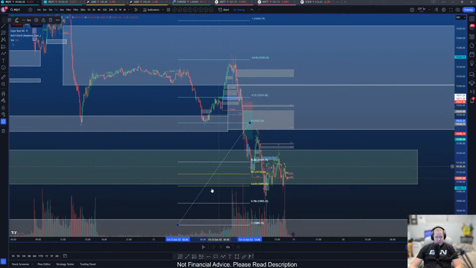So I have the 1, 78.6, 61.8, and 0.5. Those two numbers are gold because that's the golden zone. Then 0.382 and 0. Then I have negative 0.25, negative 0.618, and negative 1 as targets if you're just doing fibs. Again, I have a whole video on fibs that's longer than the time I have here, and it goes really far in depth.